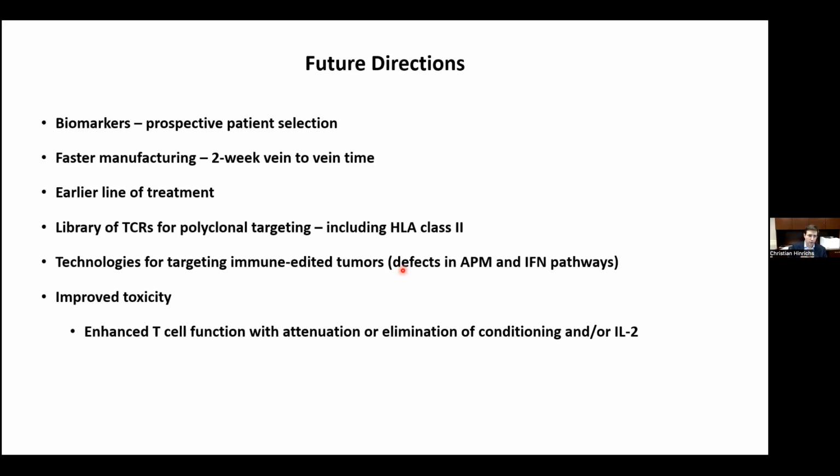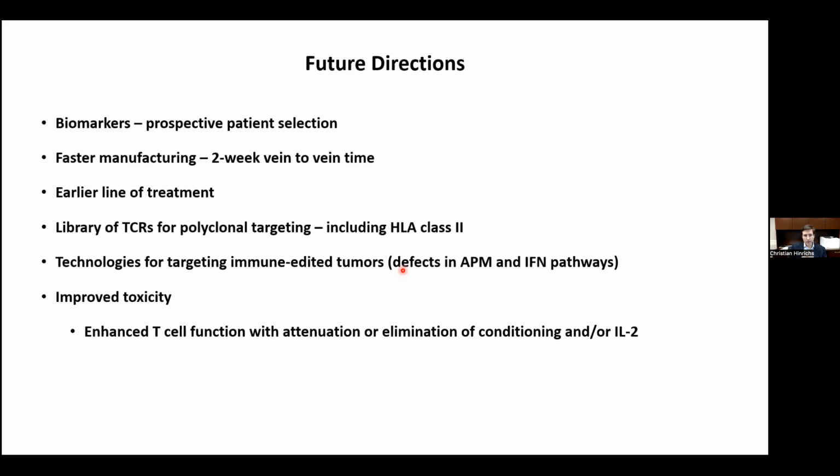We're trying to move this to an earlier line of treatment, so future protocols will be trying to move up, especially the E7 TCR T cells. And in the lab, we're discovering a library of T cell receptors so that we can target tumors in a polyclonal manner, including through HLA class 2 molecules, which opens up a whole other doorway to being able to recognize and kill the tumor cells.